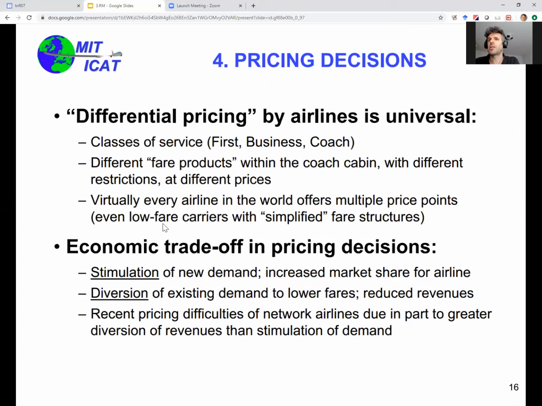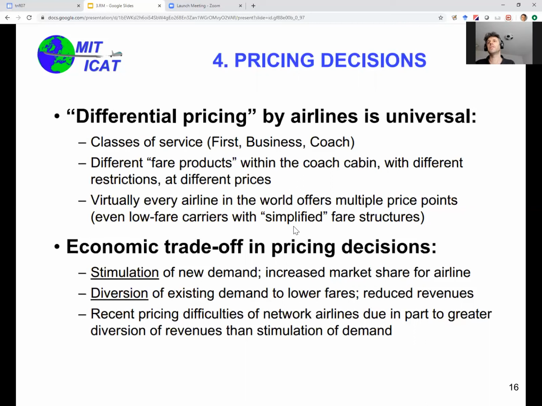It used to be the time that the low fare carriers, the low costers, not only had the simplified fare structure, they just had a single fare. No matter who you are, you just pay 20 or 50 euros for the seat, and you fly. That was 5-10 years ago, from my experience at least.